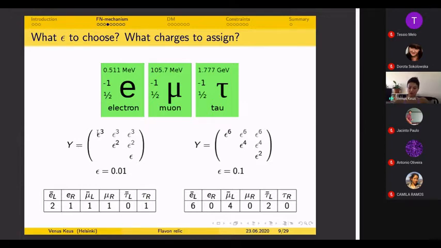Remembering that even though this Yij is not a diagonal matrix anymore, so you do have off-diagonal elements, at the end of the day the diagonal elements are roughly proportional to the mass of the particle. For example, the value of epsilon is up to you.